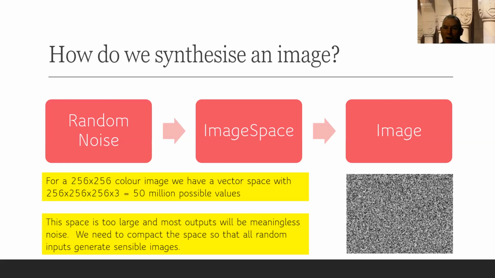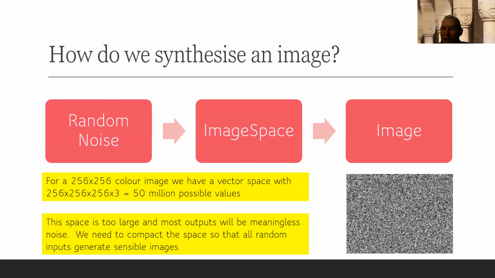Each pixel has 8 bits to describe its grayscale, which is 256 values, and then there are the 3 color planes. So there are 50 million possible values. You could generate any 256 by 256 image you like by enumerating those 50 million possible values.